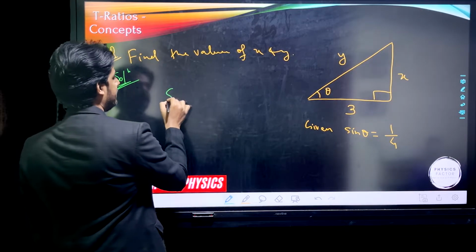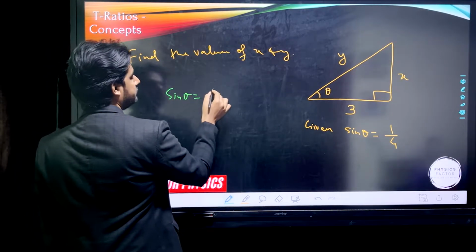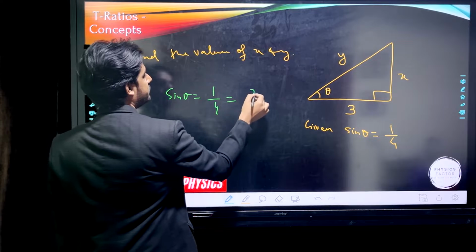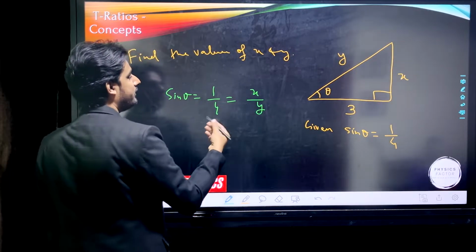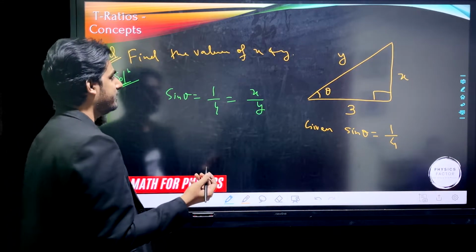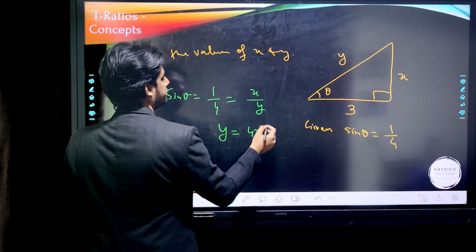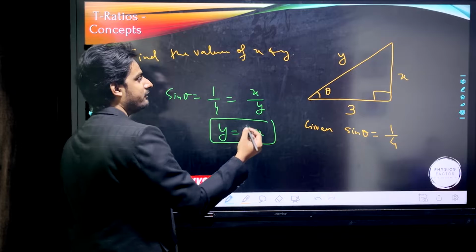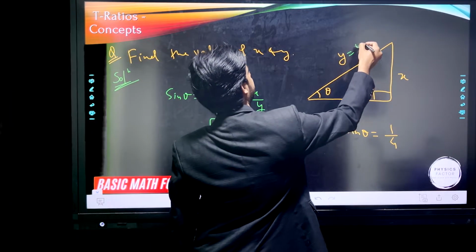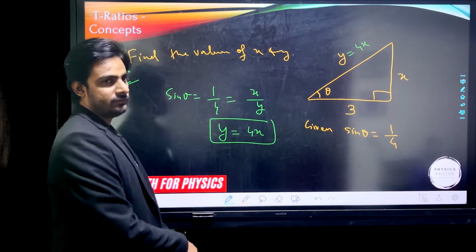So if you write sin theta here is 1/4 and that is equal to x upon y, we are not getting the value of x and y, but we are getting an equation. So we are getting y equals 4x. So from this equation we can replace y equals 4x, and then we can use the Pythagoras theorem.